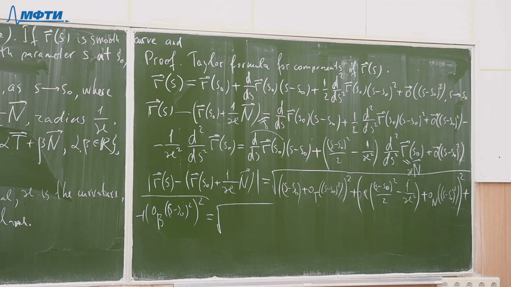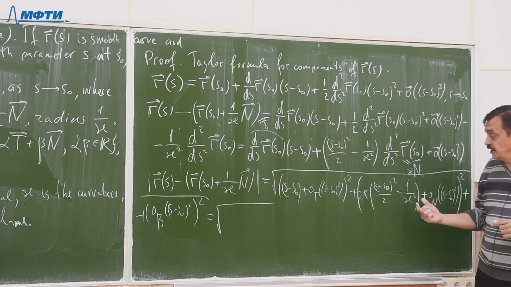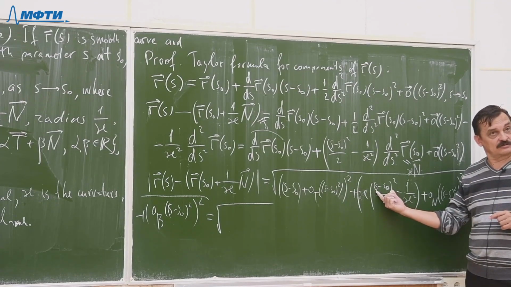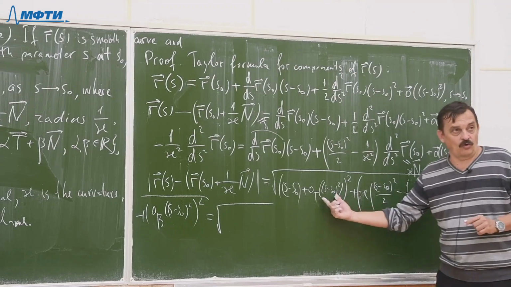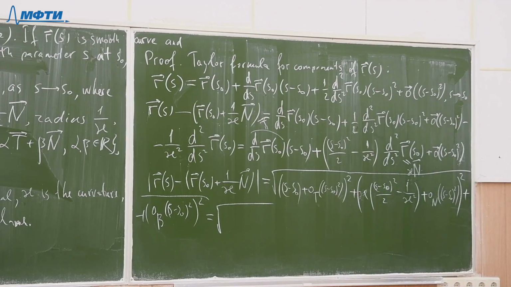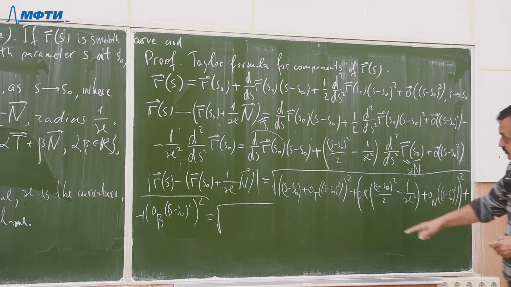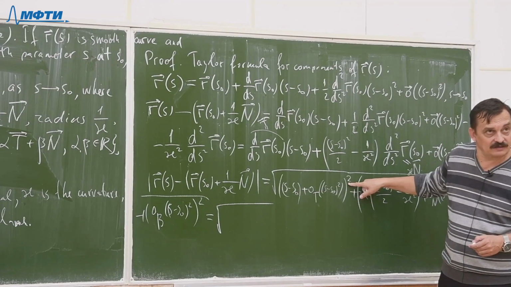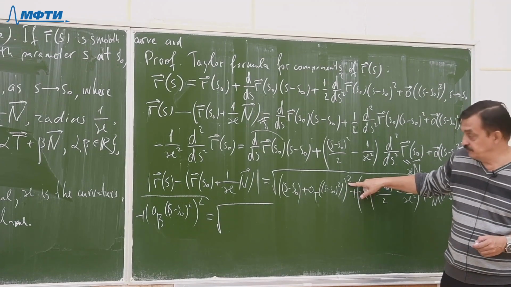Remember, I am interested only in terms of order up to 2, right? All terms which contain greater powers of s minus s naught than 2 will be in little o, right? Okay, then what we have here? Look, if I take square of this term, then how to compute this square?